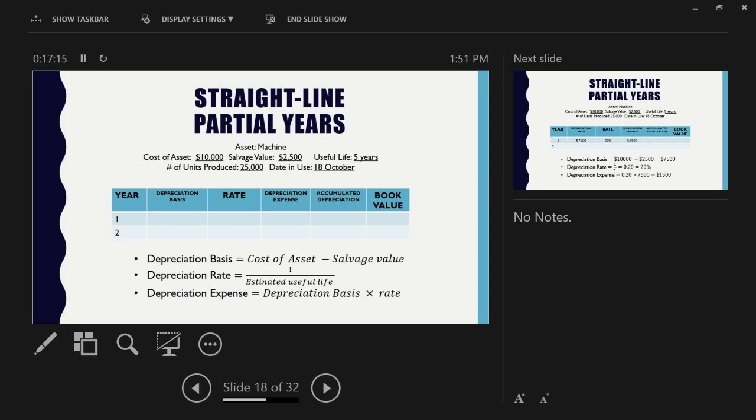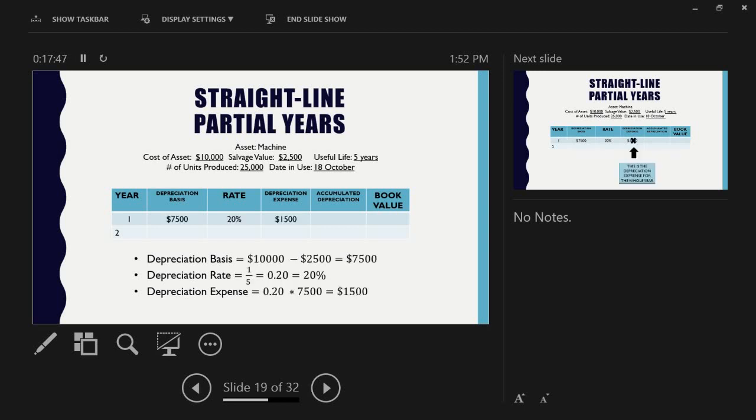Do we round it now? I think what's easiest is you go ahead and calculate the depreciation expense, and then once you've done that, just divide the entire thing by 6. By 6, or 1/6? Yes, okay, that's what I thought. So 1,500 divided by 6, I got 250.